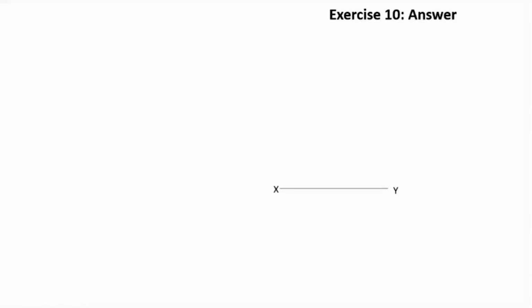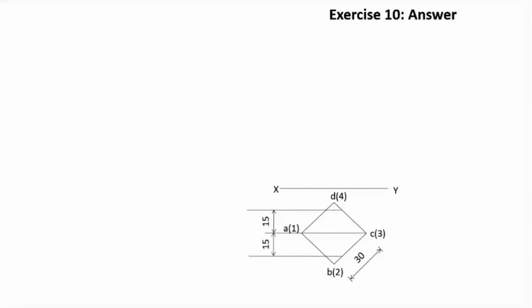So first we draw the square prism in the top view. Then mark the points. Then the main diagonal is drawn, and 15 millimeter above and 15 millimeter below the main diagonal two lines are drawn.